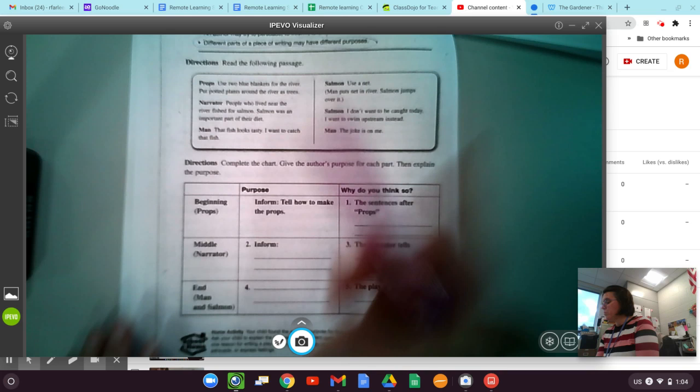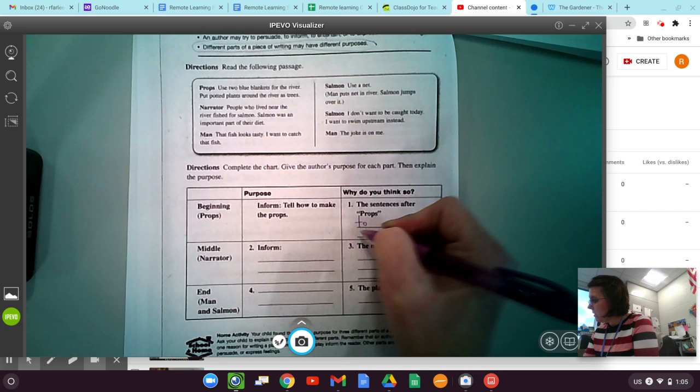The sentences after props, what was the purpose of that? It was to tell us how to create the scenery or the setting for the play. So, to tell how to create the setting. It's not a complete sentence, and that's okay. This is just a chart.